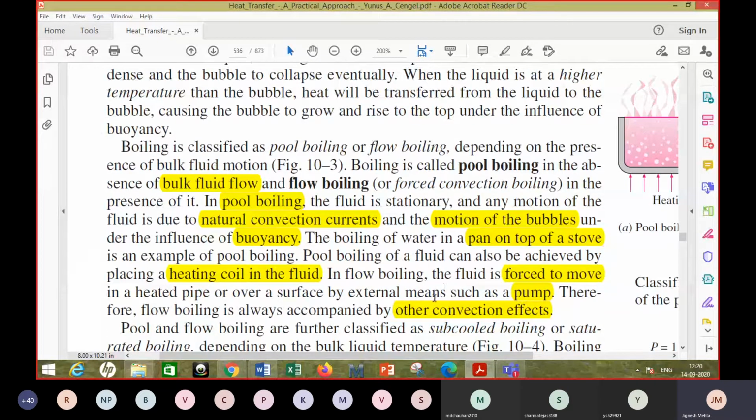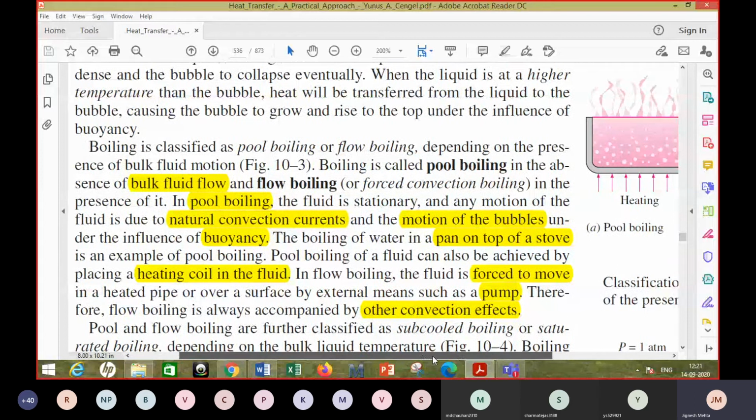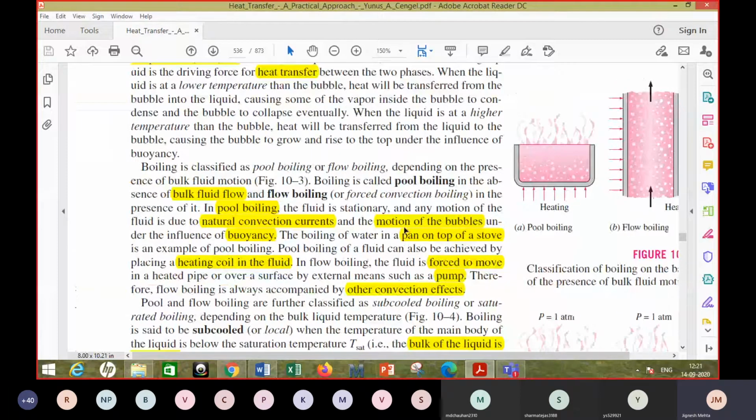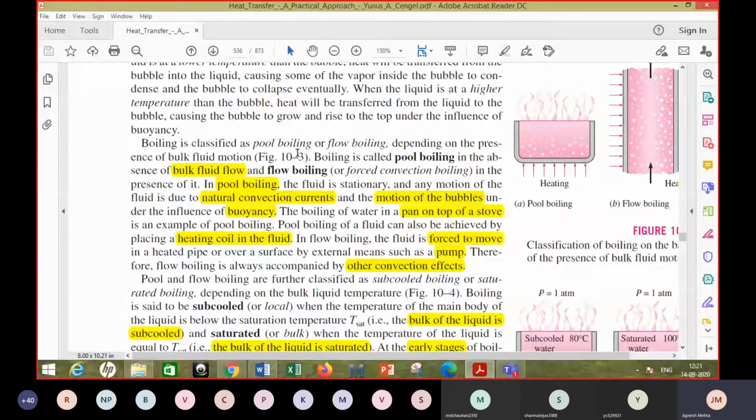As I mentioned, the boiling that was shown in that vessel is pool boiling. Now what is pool boiling? From the name you can get some idea. There is a pool of liquid, right?